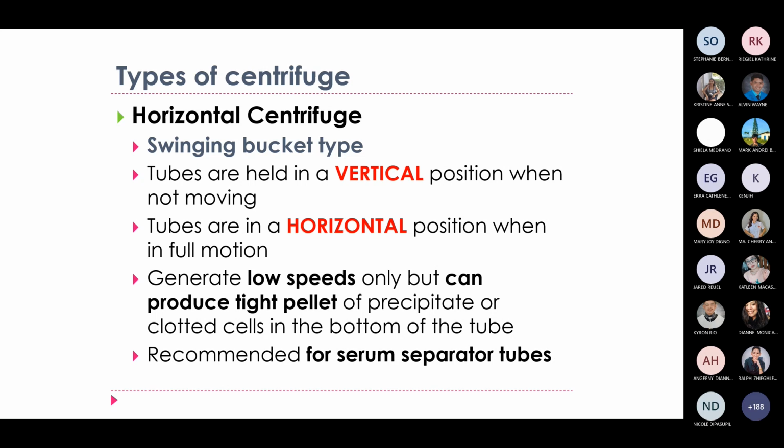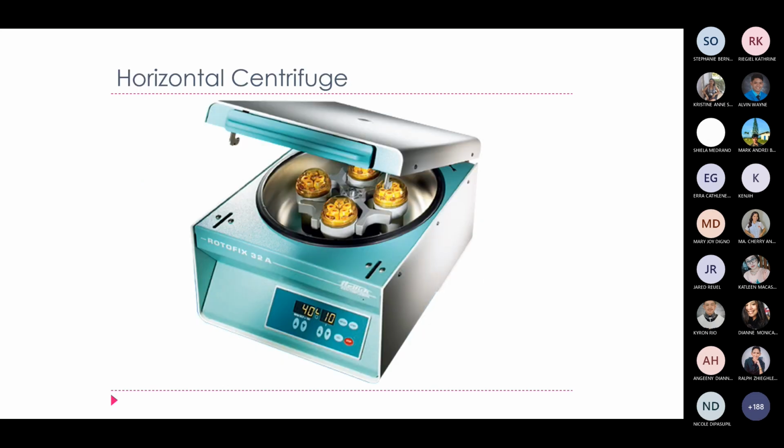Okay. So, this is the example of the horizontal centrifuge. When it is stationary or not operating, what is its position again? Vertical. And then when it is in full motion, it is horizontal.